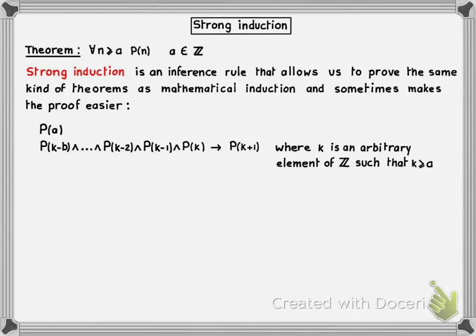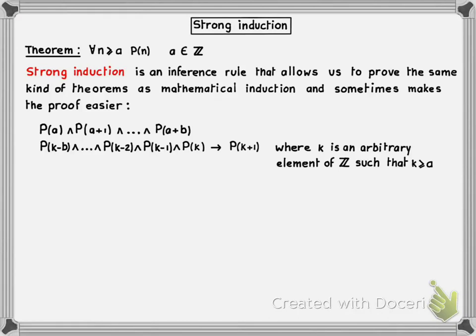So to kickstart the induction, it's not enough to assume just one proposition, but we must assume that p holds for the first b plus 1 integers starting at a. So we must prove for the basis step not just p of a, but also p of a plus 1 and p of a plus 2, etc., all the way to p of a plus b. Again, you have b plus 1 propositions here, you have b plus 1 propositions there, and these are the two premises we need for strong induction.